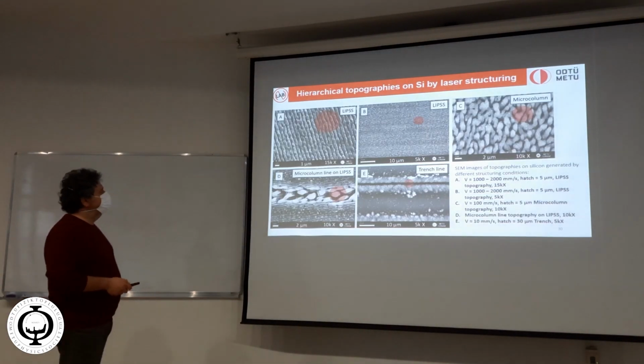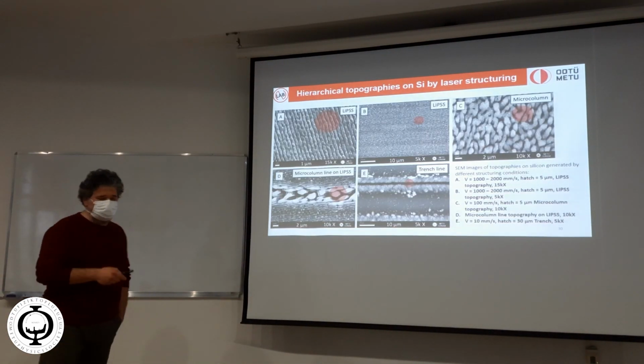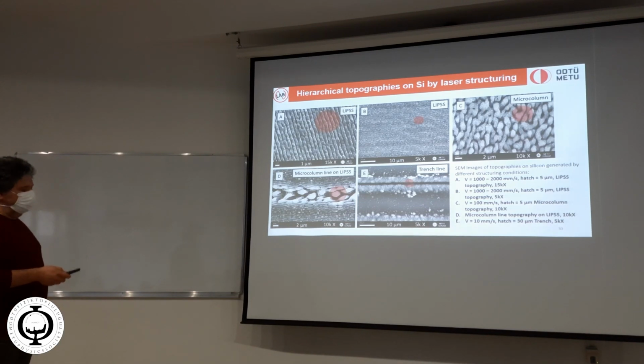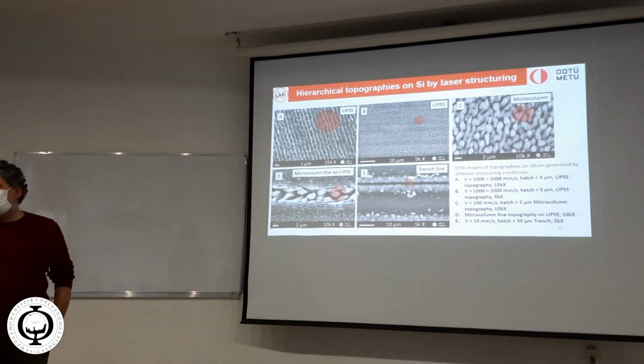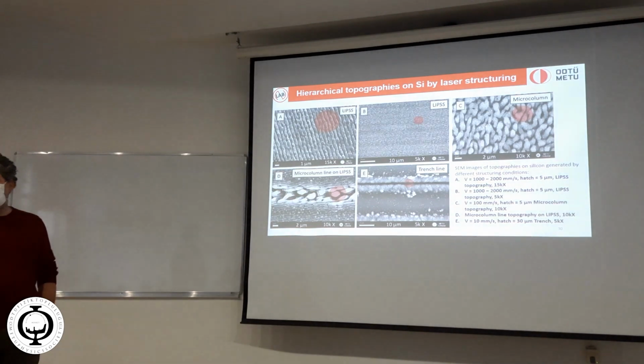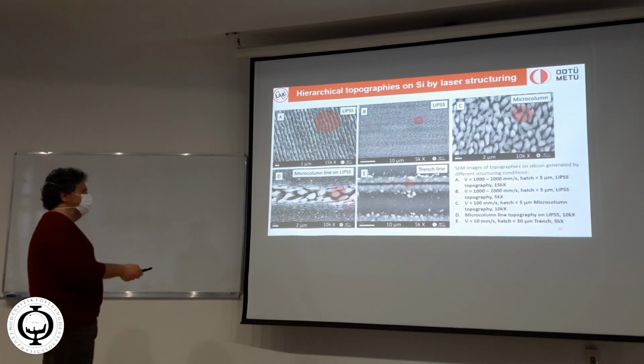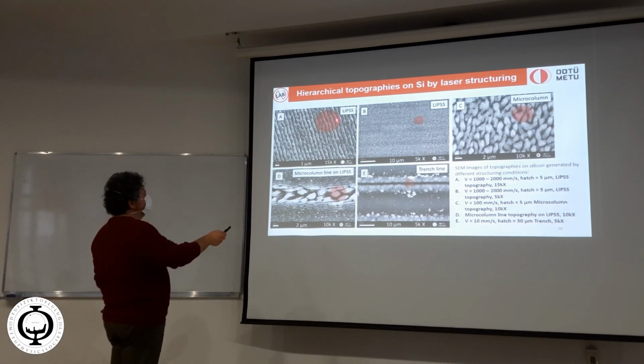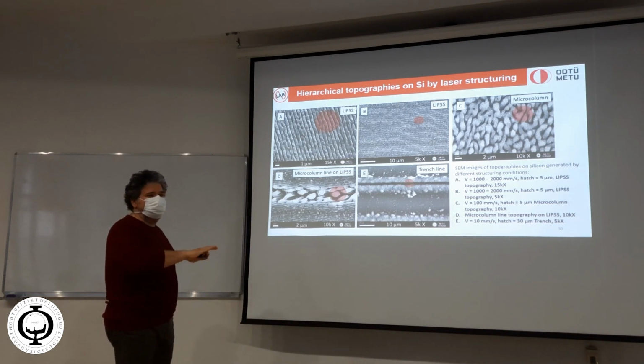What happens to the surface is shown here in scanning electron microscope images. Yet another tool to mention. Now, take a look. This is our spot size. However, the pattern has at least 7 or 8 maxima within one spot.